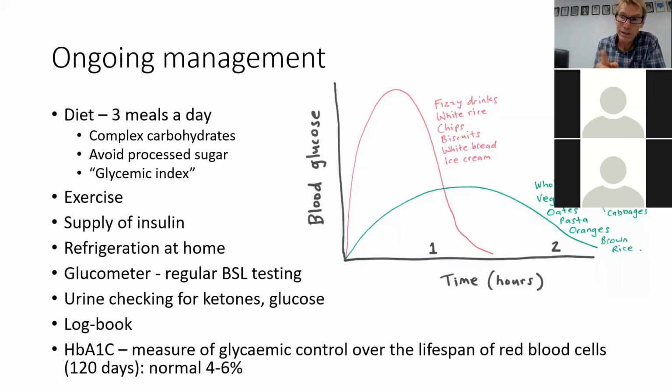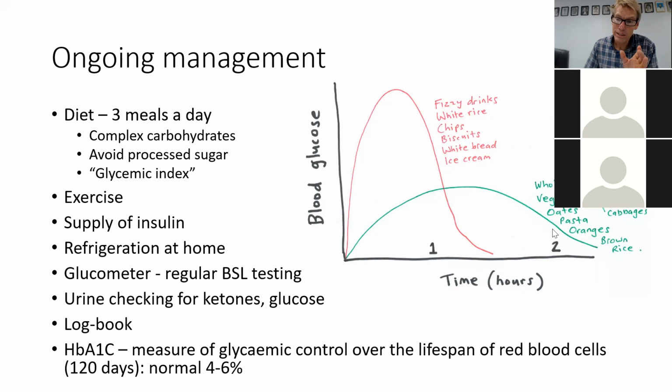Everybody understands about junk food, and some of us health workers understand about refined carbohydrates or refined sugars or processed sugars. But I tell children with diabetes they've got to stop eating these things. No more fizzy drinks, no more chips or sweet biscuits, as a general rule.